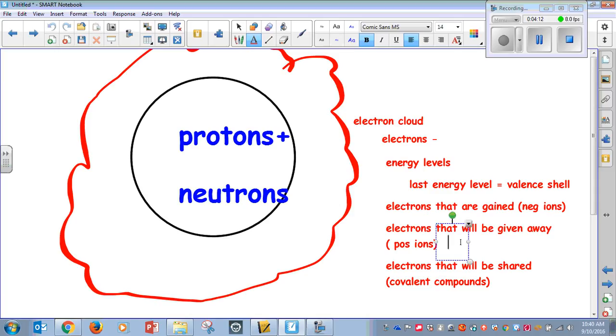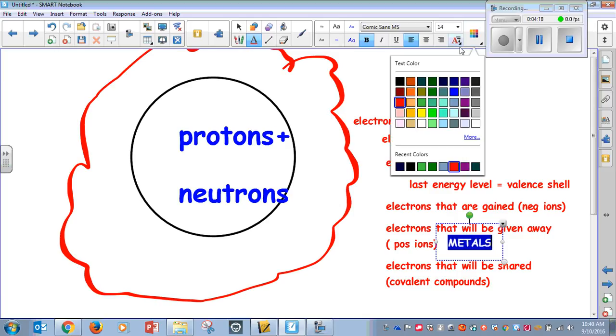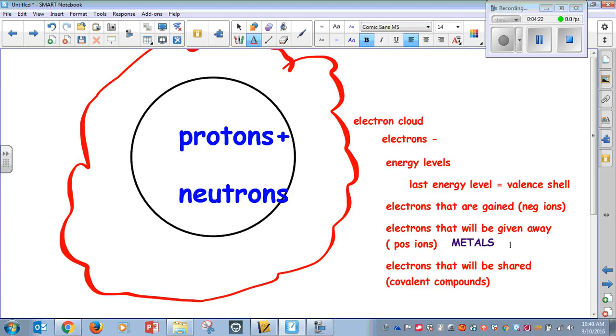Metals lose electrons. Metals are going to lose electrons, and so their ions are going to be positive. So metals only form positive ions.